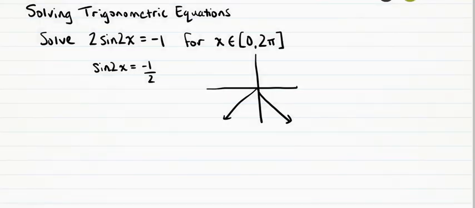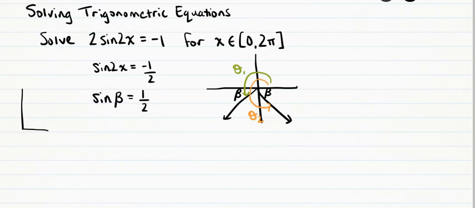Our first solution is this angle here, theta 1. And our second solution goes all the way around to quadrant 4, and we'll call that theta 2. Both of those angles have the same related acute angle, and we can write the related acute ratio as sine beta equals the positive value, just positive a half. The sine ratio equal to a half comes from our special triangles.